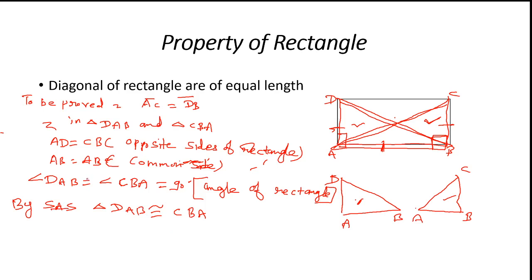So we can say that DB is equal to AC by CPCT, corresponding parts of congruent triangles. So in this way we have proved that the diagonals of rectangles are equal. Hence the diagonals of rectangles are equal.